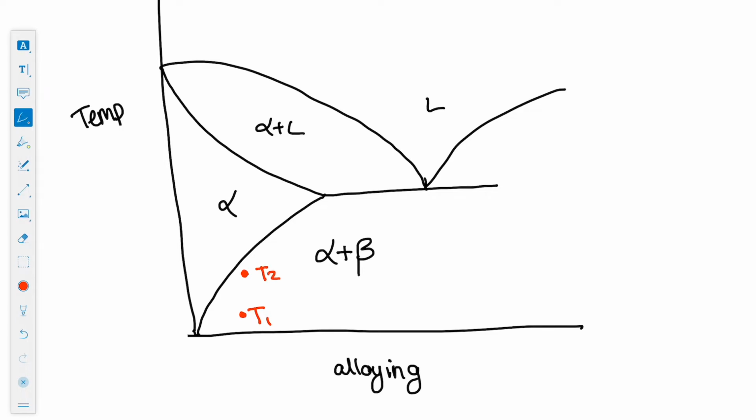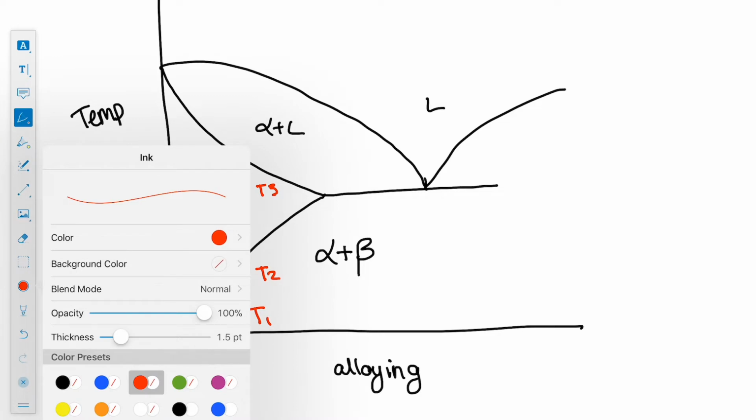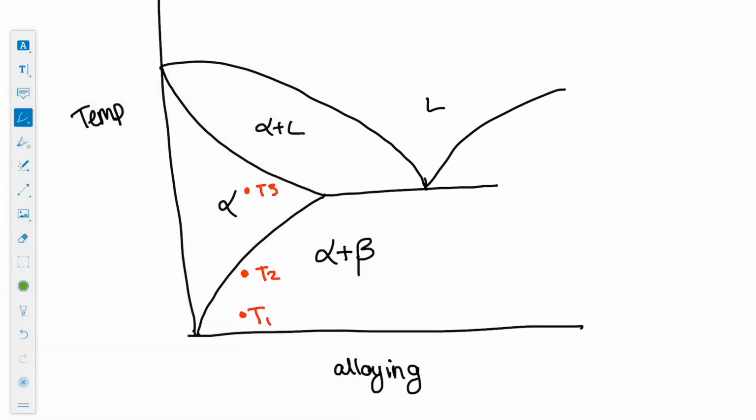And then there's going to be a higher temperature, T3. And so the different stages of the process can be marked by transitions between the different temperatures. So if you look in the lab, we talk about annealing, quenching, and precipitate hardening.